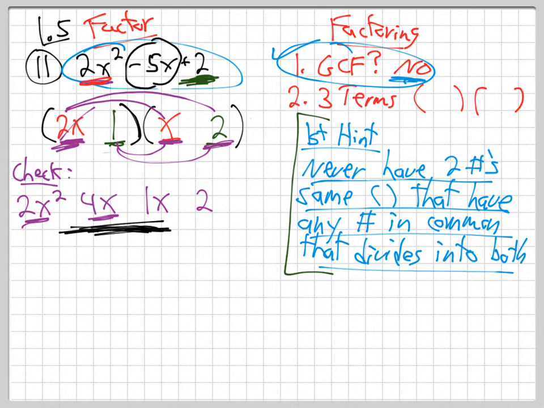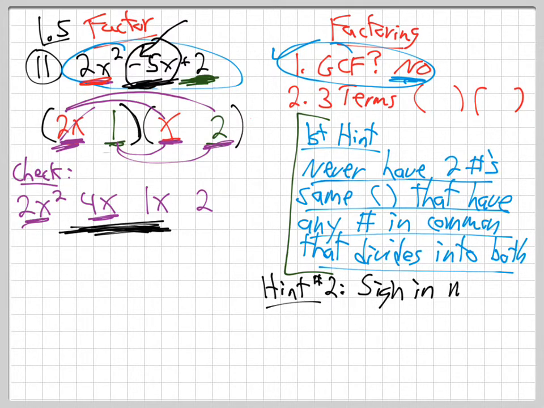Right? So these middle 2 terms have to go back and make this middle 1 term with the correct signs. So here's where the signs come into play. Whatever sign is on the middle, that's hint number 2. The sign in the middle goes on the bigger number.